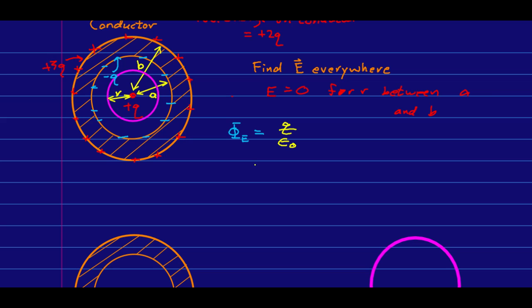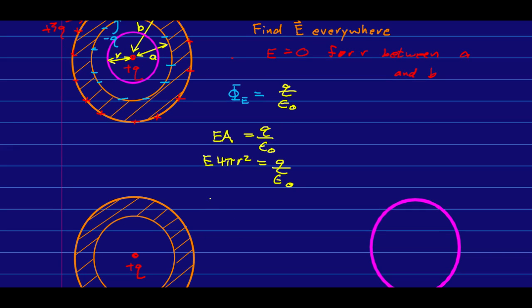And that flux, from symmetry, I know, again, the E field is going to be radially outward everywhere, and it's going to be uniform magnitude on this sphere, and so going through the usual steps, the E field is constant and pulls out, and so I'm left with just an integral over the sphere, and so I get EA is Q over epsilon naught, and E times A, that's 4 pi r squared, is Q over epsilon naught.